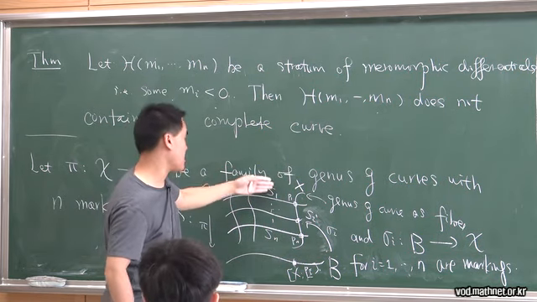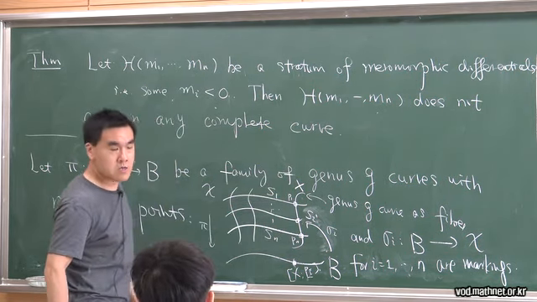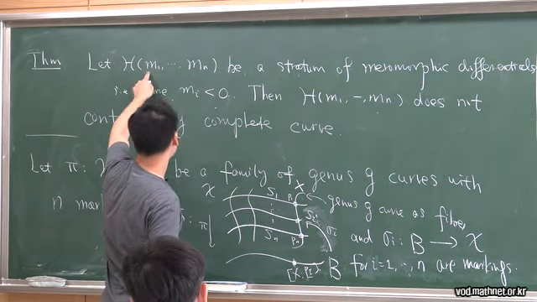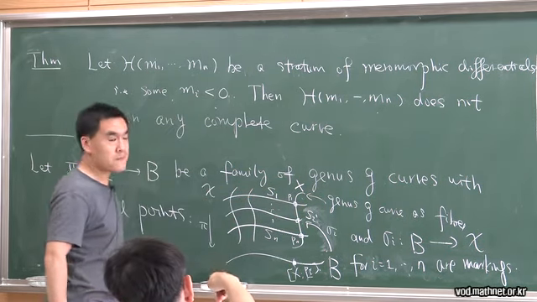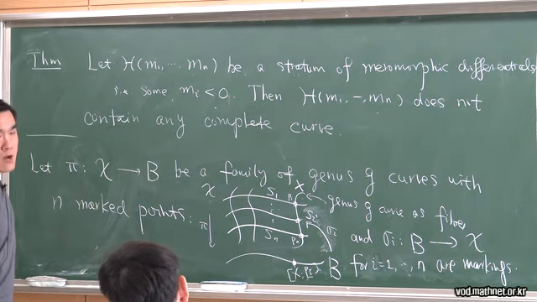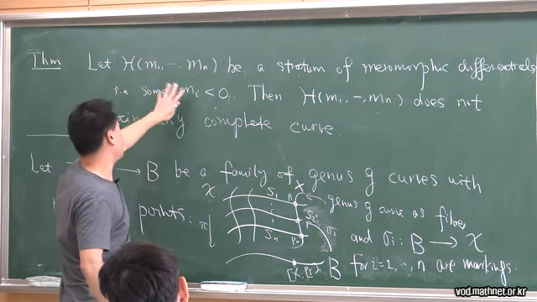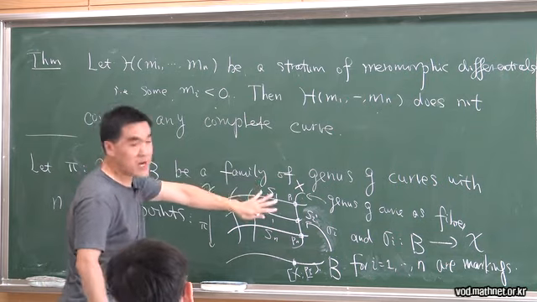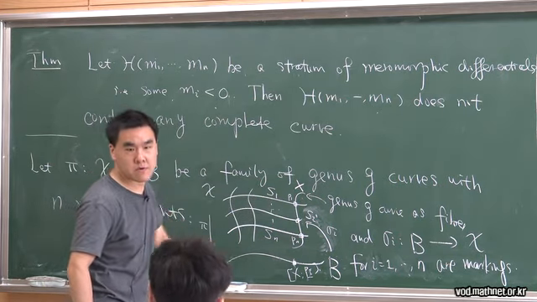I will call them S1 up to Sn. And these P1 up to Pn are exactly either zeros or poles. There could be positive or negative; I include all of them.